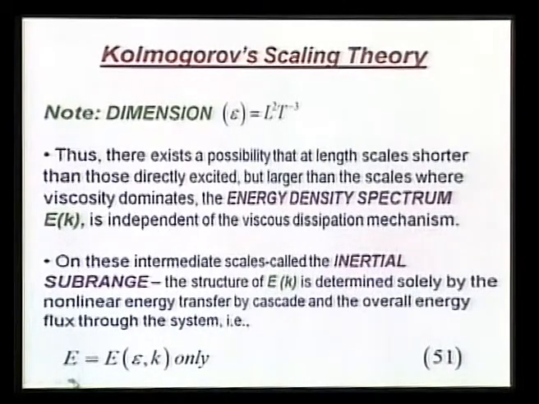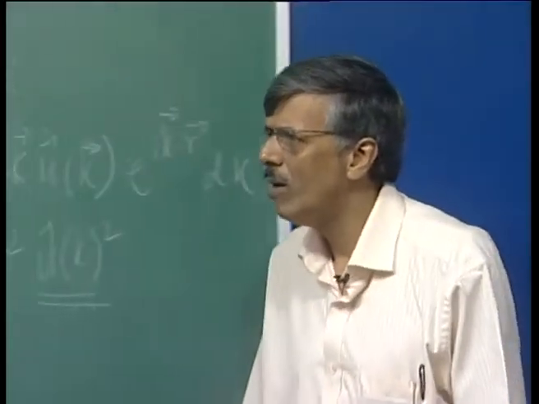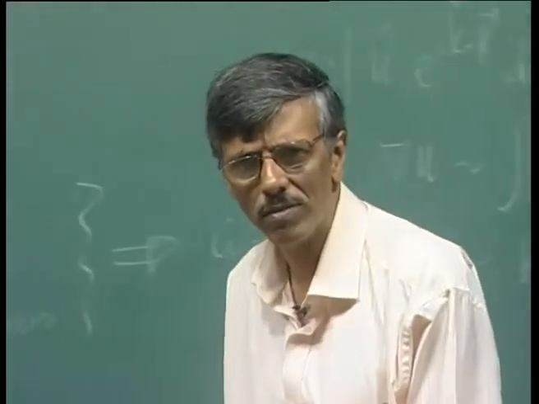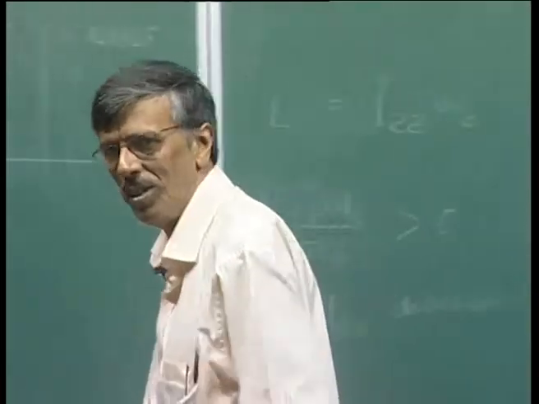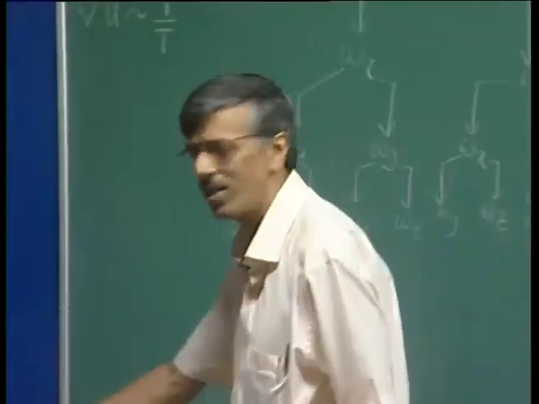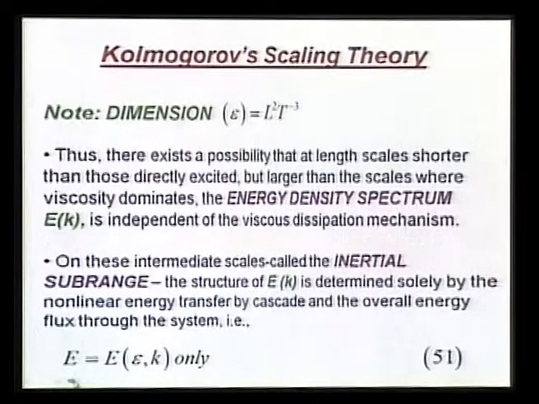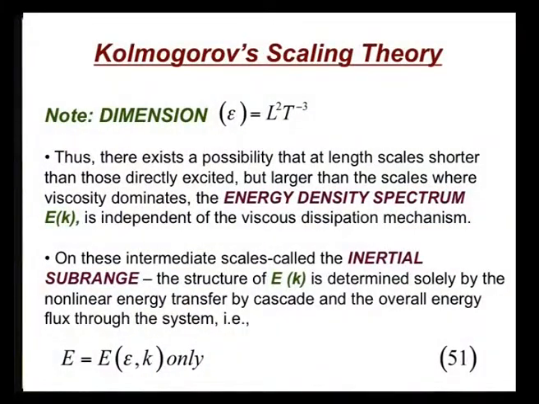Why do we not talk about the energy supplied? Because that is itself equal to epsilon, because we are talking about the steady state. So, they are the same. That is why I did not put 3 terms, 2 terms are adequate, because energy input is equal to energy output. That is why we can write E as this.